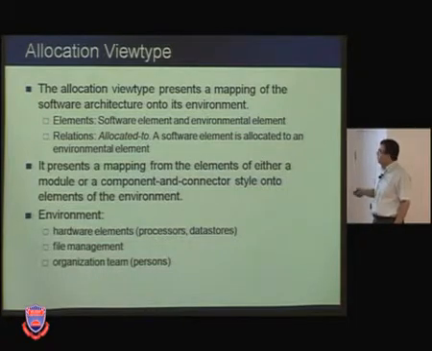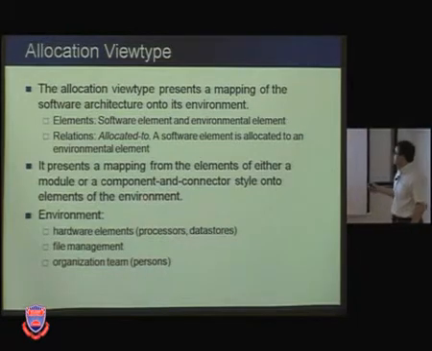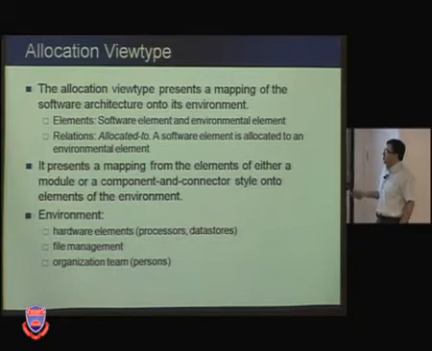The elements are software elements, typically from the module view type and the component and connector view type. The relation is "allocated to". So this view type presents a mapping from the module and component and connector view types onto the environment. What's the environment?